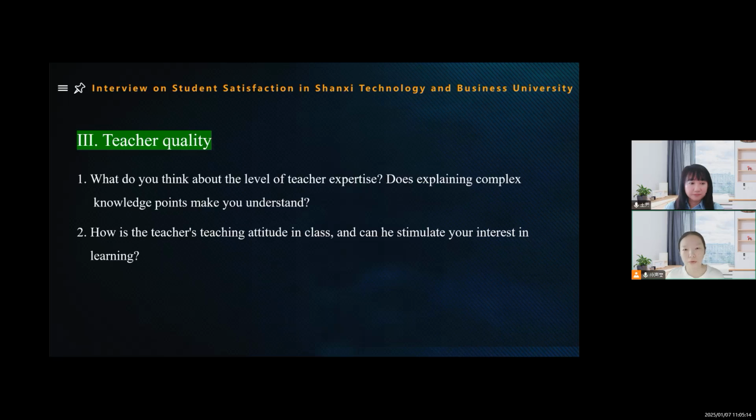For example, once I answered a question about operating system process scheduling in class. Although my answer was not complete, the teacher guided me to improve my answer step by step. This positive feedback made me feel that my efforts were recognized, so I participated more actively in the class.